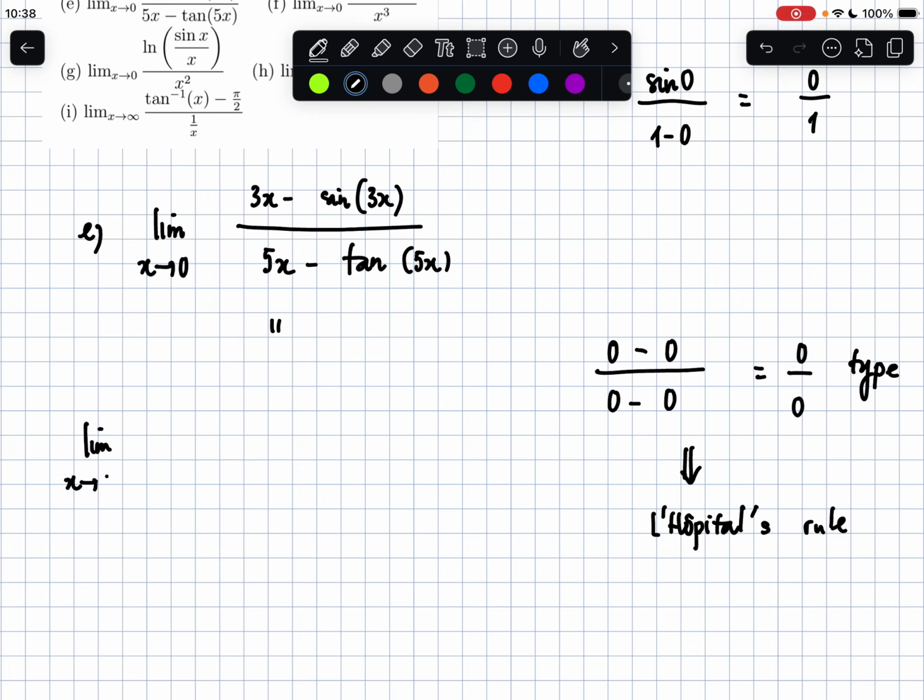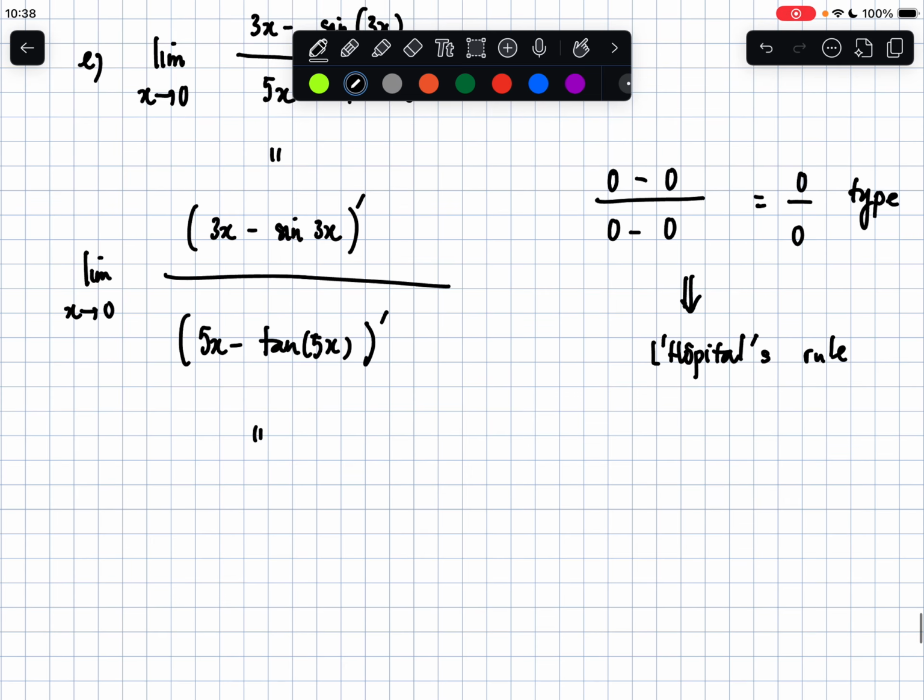Limit x to 0 of the derivative of 3x sine 3x over the derivative of 5x tangent 5x, which is limit x to 0 of 3 minus sine u prime. I write here sine of u prime is cosine u.